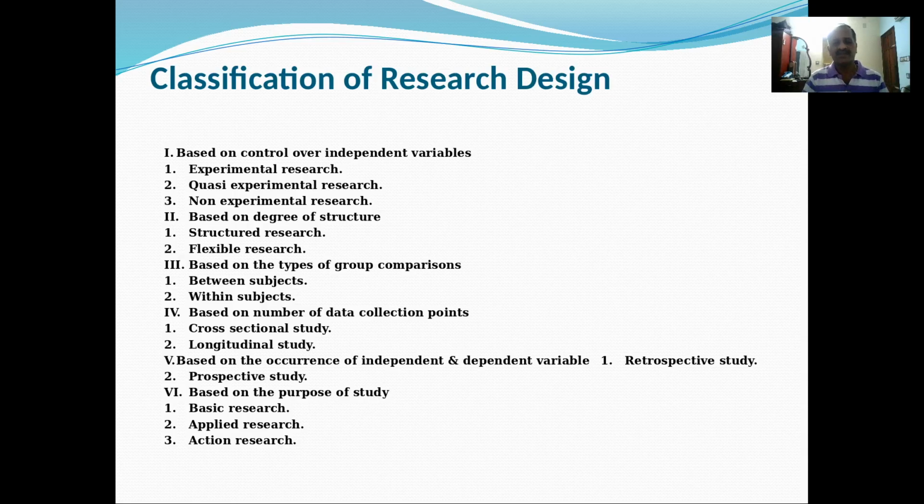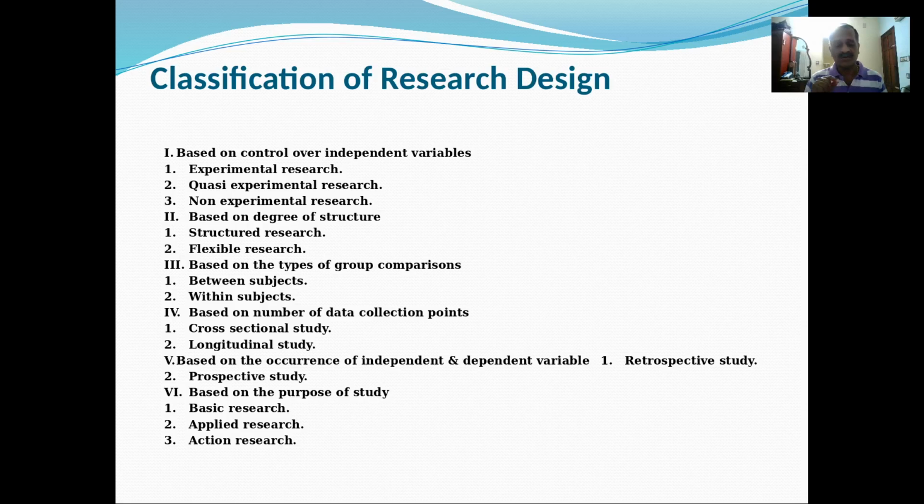We have some effect at present. What is the cause of that? For example, we have lung cancer at present. What is the reason? What is the duration of smoking, or what other exposures are there? So we are trying to find out the cause. That is a retrospective study. Whereas in a prospective study, we start from the present and go to the future.